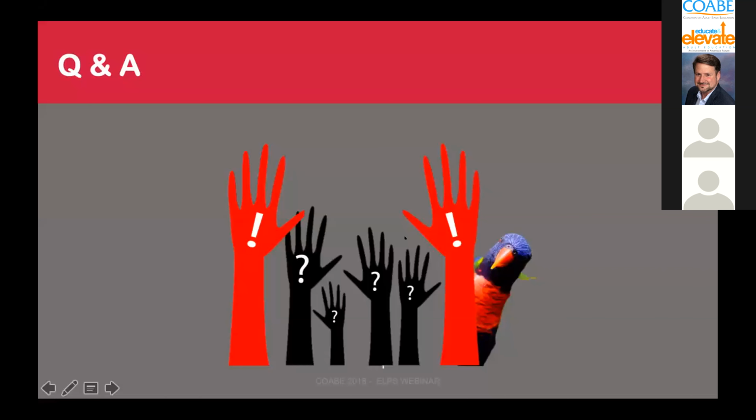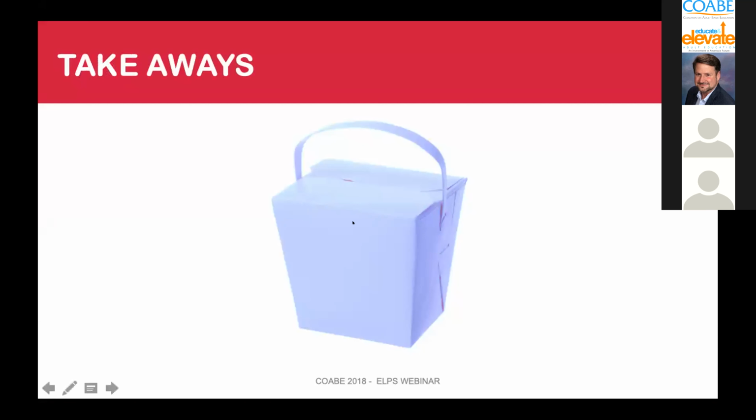So the simple answer is yes. The new goals tests are currently out for ABE and ASE, and will hopefully soon be coming out for English language learners. And there was another point here in the chat that I thought was kind of important.